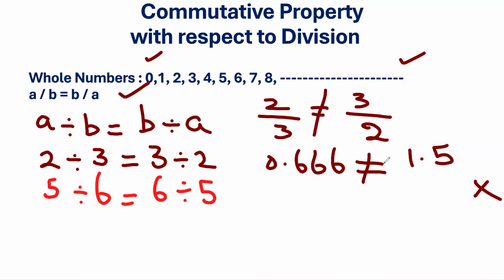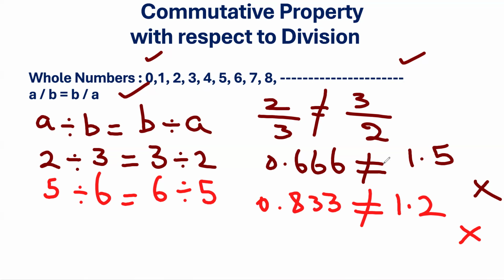So now we are checking 5 divided by 6 is equal to 6 divided by 5. 5 divided by 6 will give you 0.833. It's not equal to 6 divided by 5, which will give you 1.2. It's not satisfied.